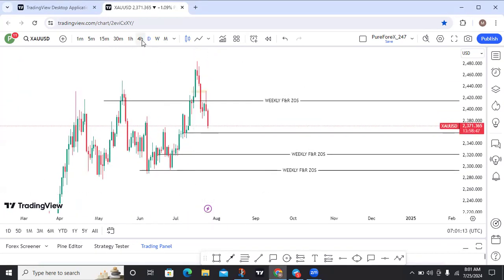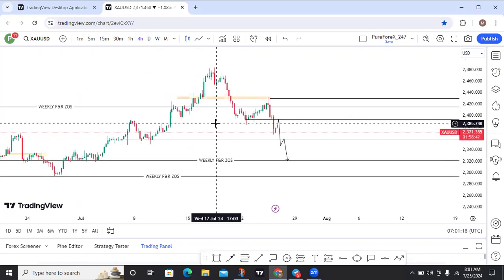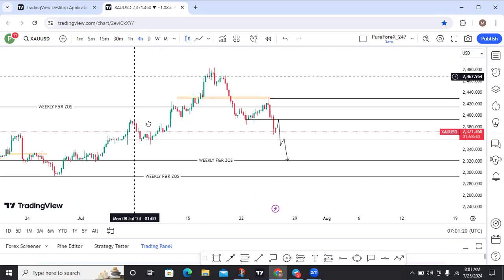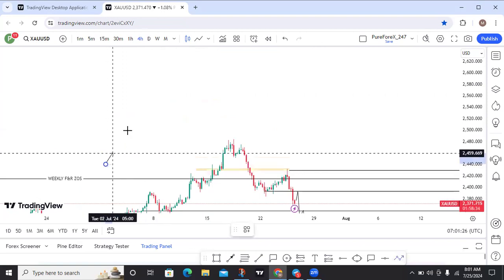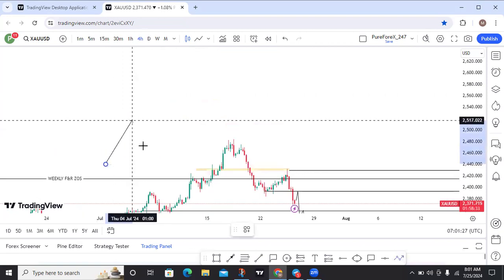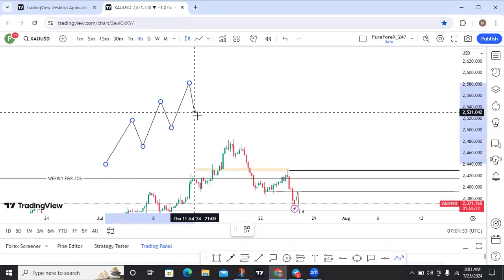If you understand the trend of the market and you want to counter trend, this is how the market moves. We all know that this is how the market moves. Impulse, correction, impulse, correction, impulse, right? Correction.